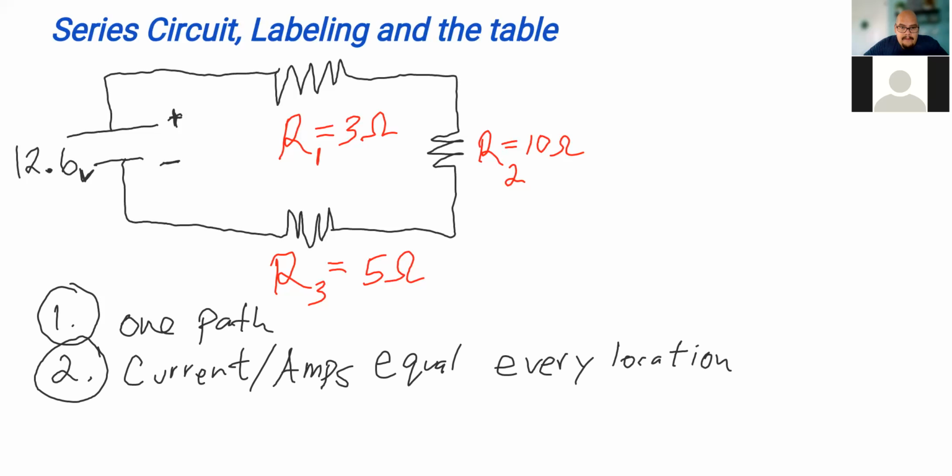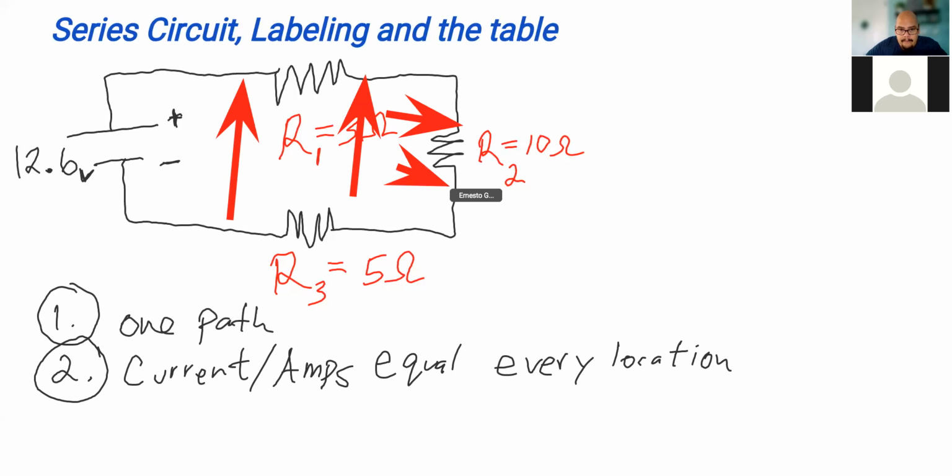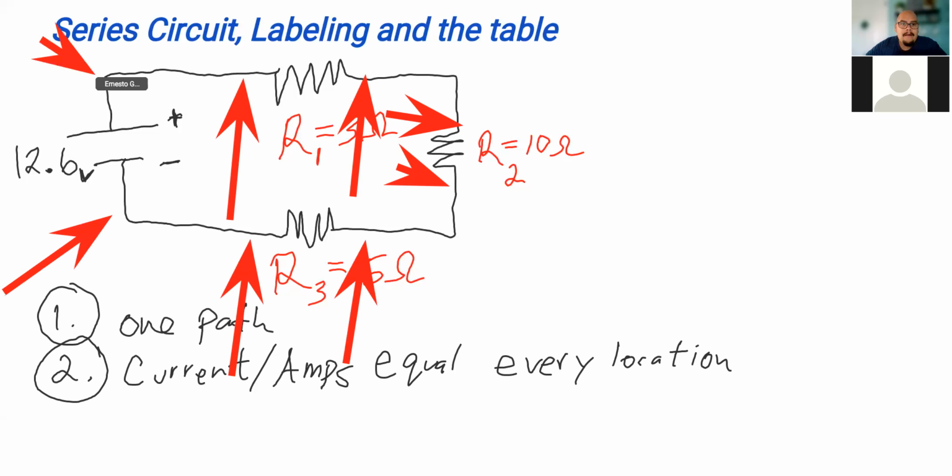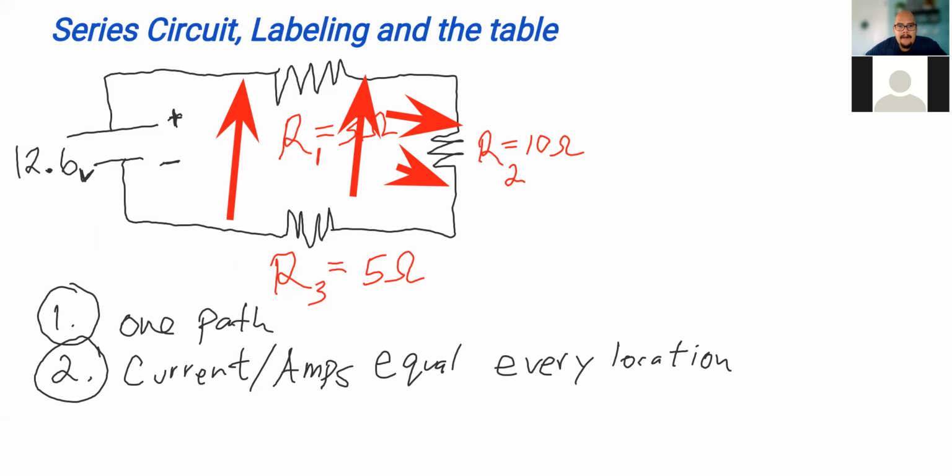Okay, so if you were to take a meter and put the prong there and there, there or there, you would acquire the same number all around. It would be equal in every location. Okay, so that's what I'm referring to. Current, amps, equal everywhere.